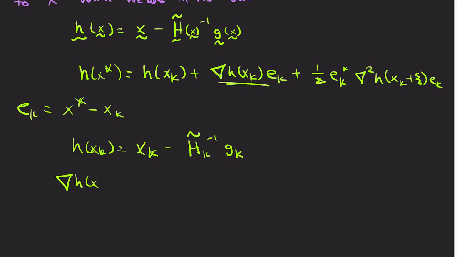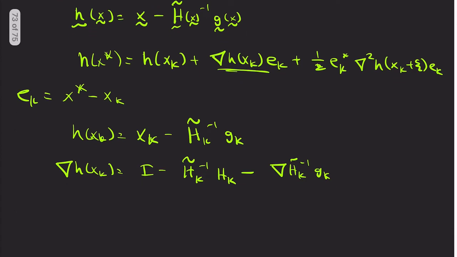So the gradient of h of xk is the identity minus hk inverse hk, right? Because the gradient of the gradient is the Hessian, minus the gradient of hk tilde inverse gk. This is the product rule there.